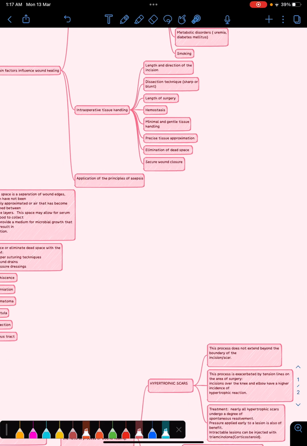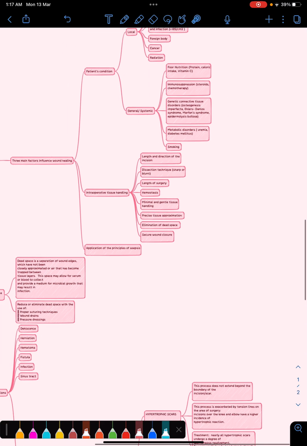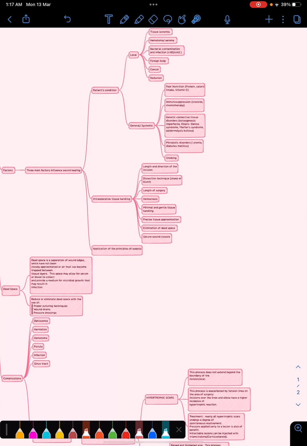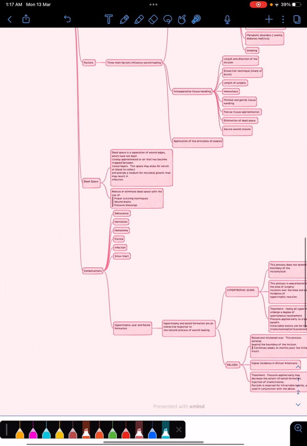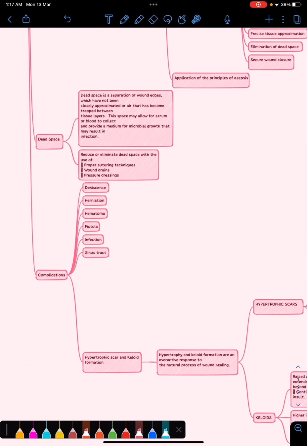Application of the principles of asepsis. So we've talked about the patient condition, whether it's local or general, intraoperative tissue handling, and the application of the principles of asepsis. Dead space. So I think, in a nutshell, that means once there is a space not closed, there is going to be accumulation of bacteria, of sepsis, and many things.